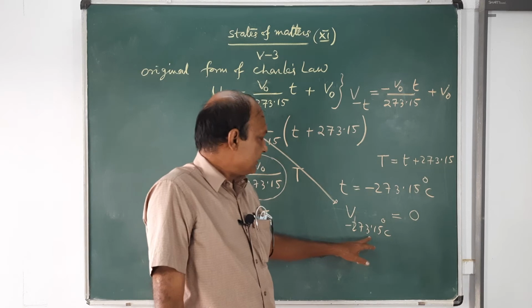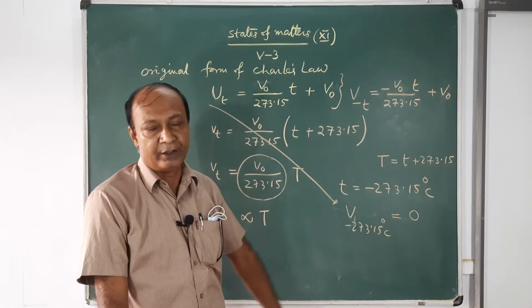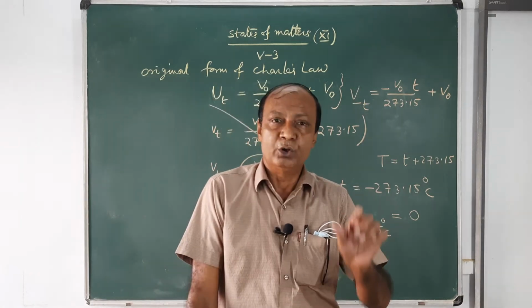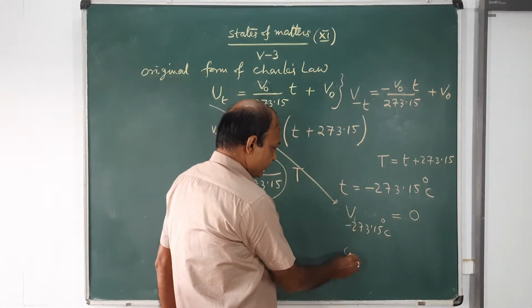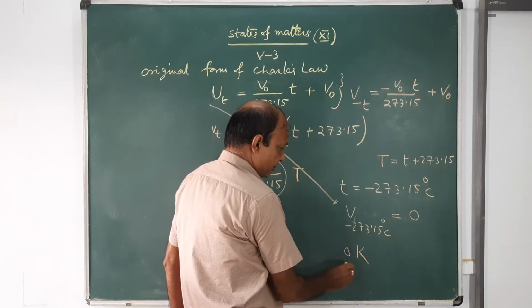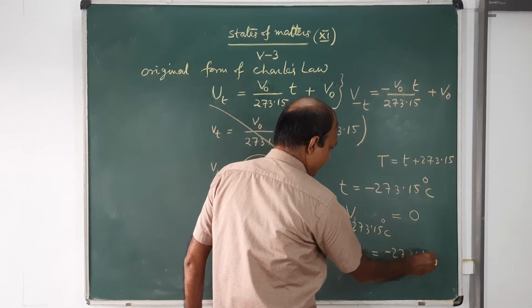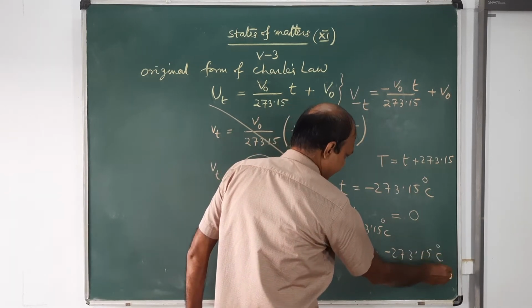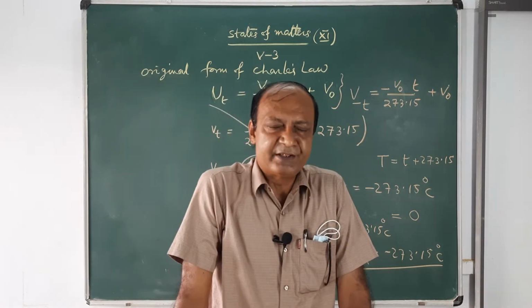Now see boys, the minimum attainable temperature is minus 273.15 degrees centigrade. So this temperature is known as 0 Kelvin. So 0 Kelvin equals minus 273.15 degrees centigrade. This has been taken as 0 Kelvin in the Kelvin scale.